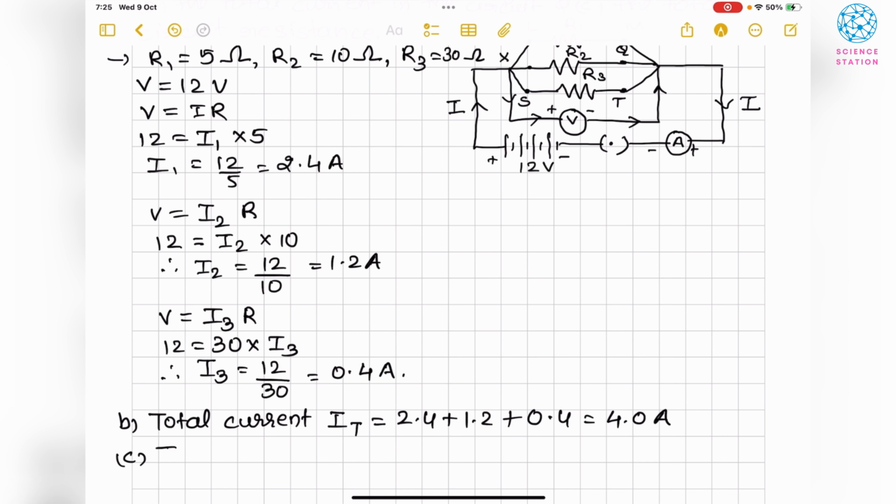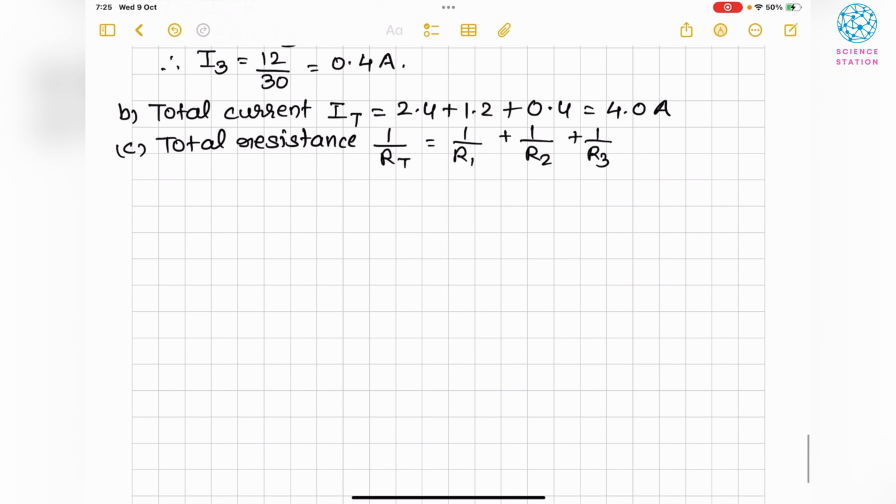Now C1, he is asking total resistance. As they are in parallel, 1 upon RT will be equal to 1 upon R1 plus 1 upon R2 plus 1 upon R3.